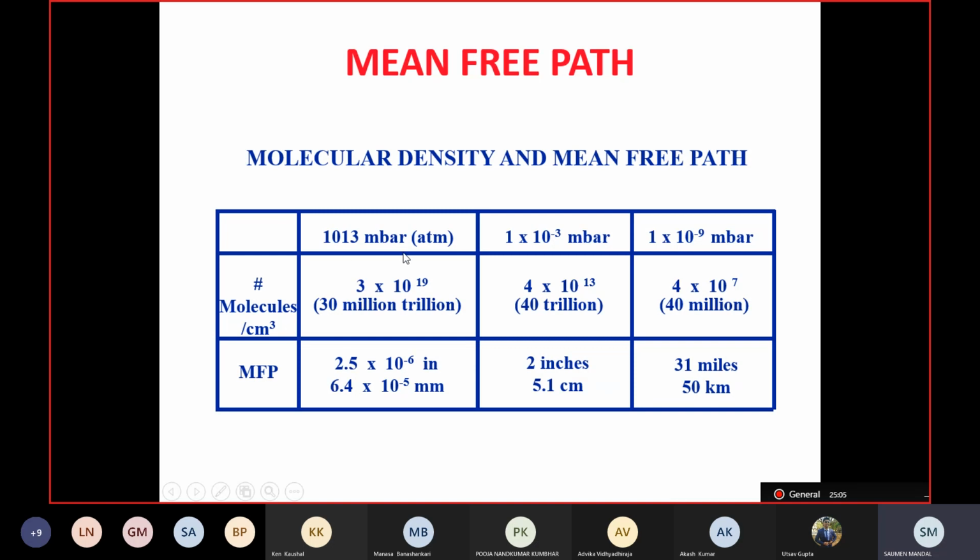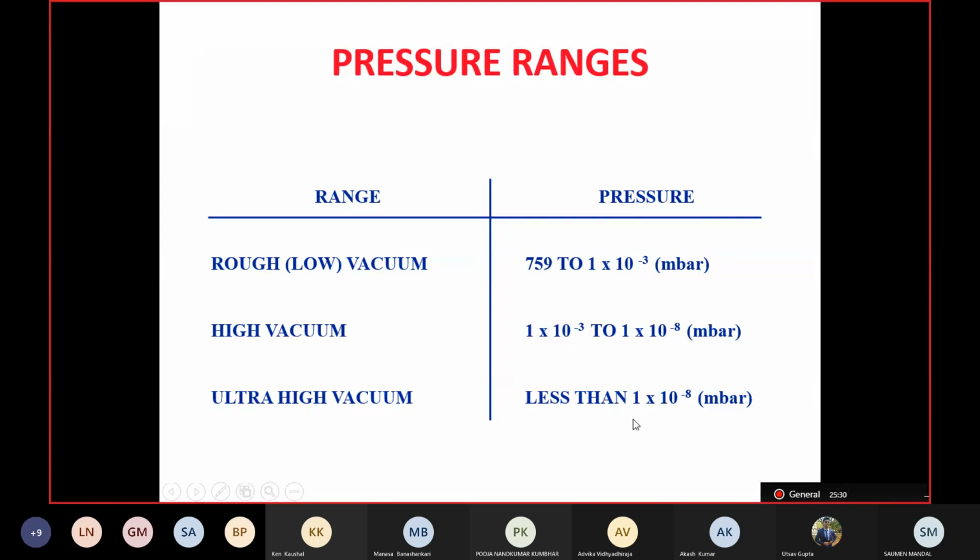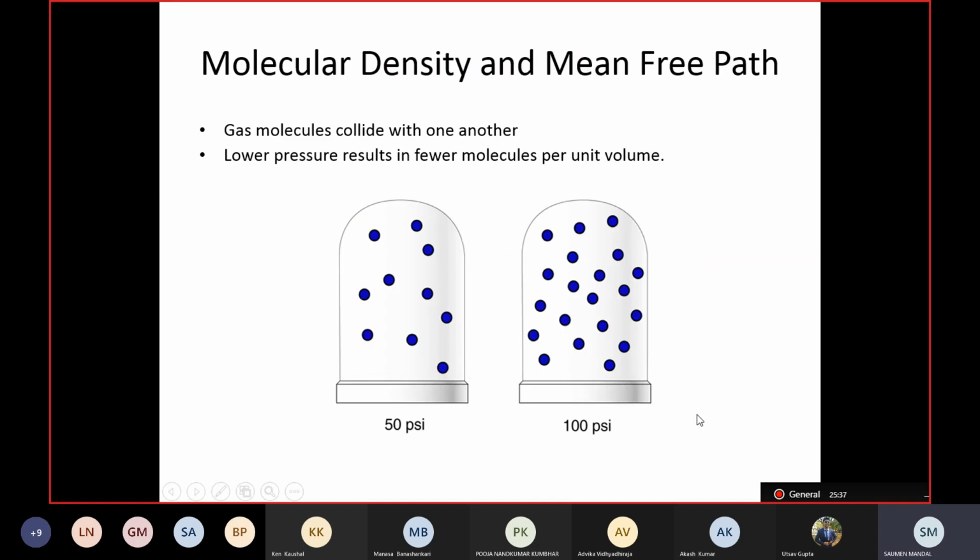If I go to 1 into 10 to the power minus 3 millibar, it is 4 into 10 to the power 13, so 6 orders of magnitude lower, about 40 trillion. Then if I go to 10 to the power minus 9 millibar, that very high region, you have reached ultra high vacuum.